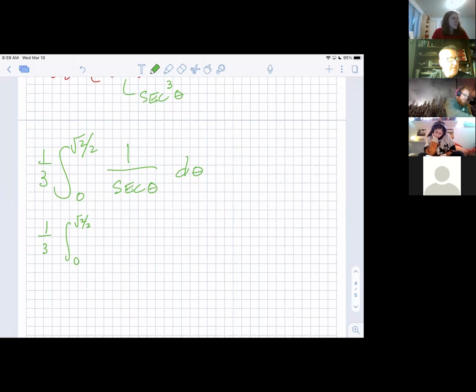Oh, it's cosine. Yeah. So I want you to think about what Justin's first instinct was there. Your first instinct very well could be, oh, the answer is the natural log of secant of theta. But in order for that to work, you would have to let u be the secant of theta, and then du would be the derivative of secant, which is secant tangent.